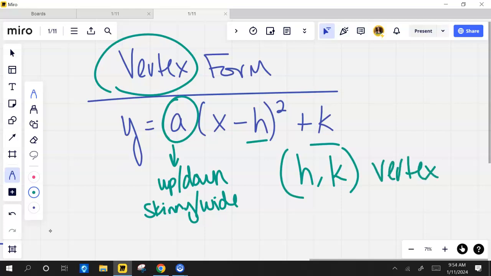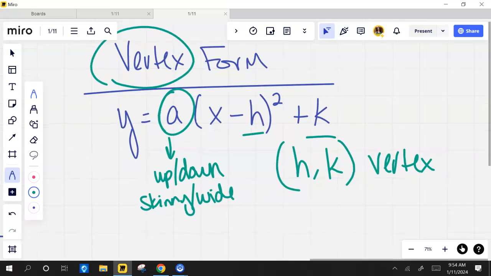I just literally pull it out of the equation and I have the vertex. The only thing that's a little bit confusing here is this H is the opposite sign of whatever's in there, and the K is the same.